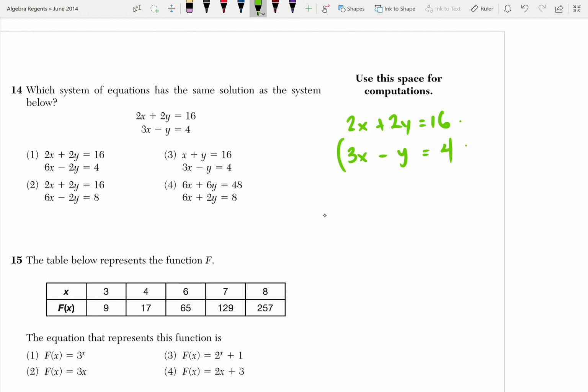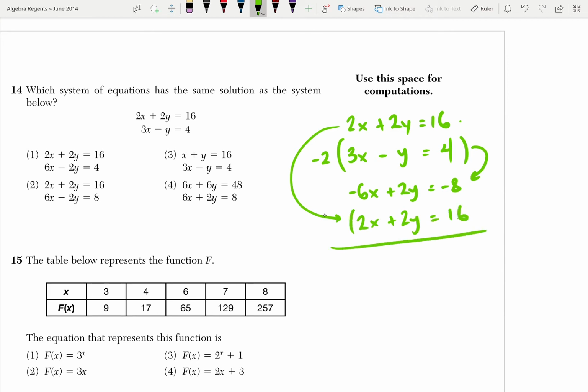What I see straight away here is if I multiply this by -2, what do I get? I'll get -6x plus 2y equals -8, right? Then this becomes this, and we'll rewrite this down here. So we have 2x plus 2y equals 16. Now when we subtract these terms, we subtract this term down here from the term above.